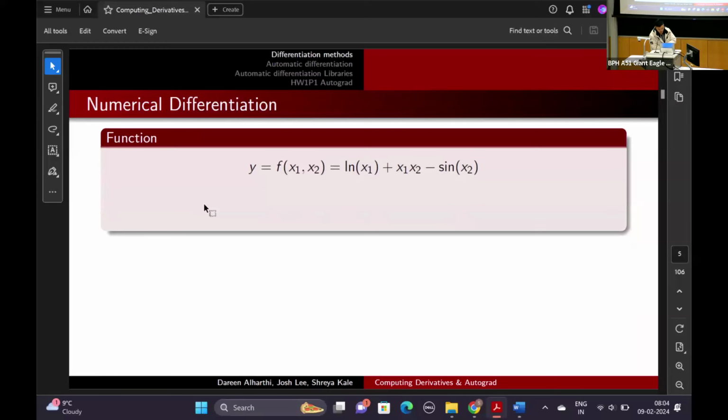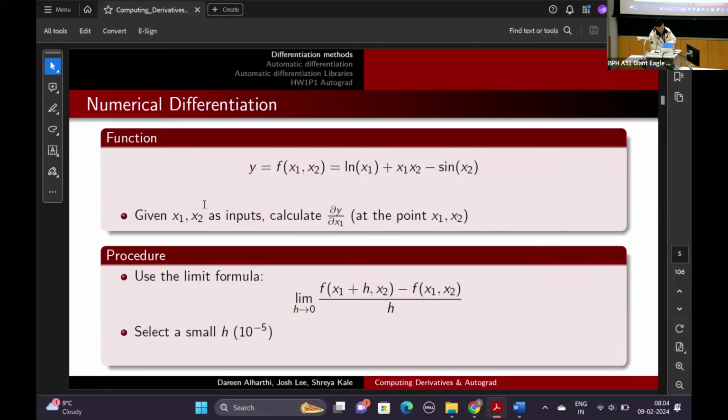And given the same task, we can also approach it from the point of view of numerical differentiation. What that means is we don't care how this expression is structured. It can be in any form, even nested functions all over the place. It will not cause any additional trouble to us. What we do is simply use the original formula for the limit.